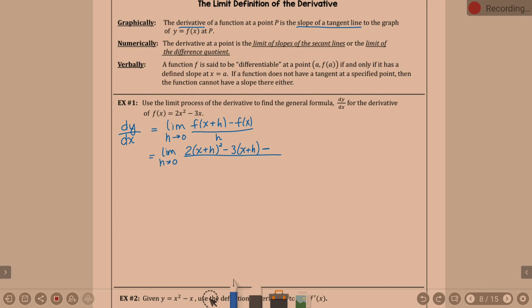And then it's minus f of x. What is f of x? 2x squared minus 3x. Notice I put that in parentheses, yes? Either put it in parentheses or go ahead and apply the subtraction.